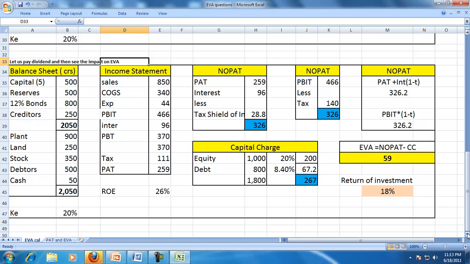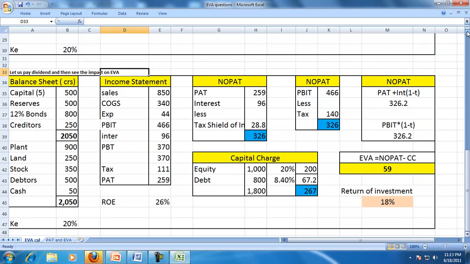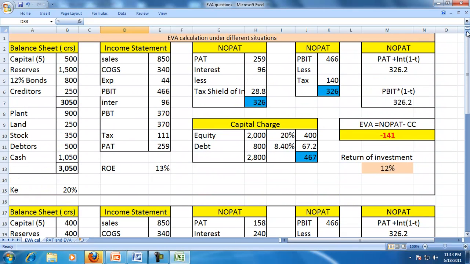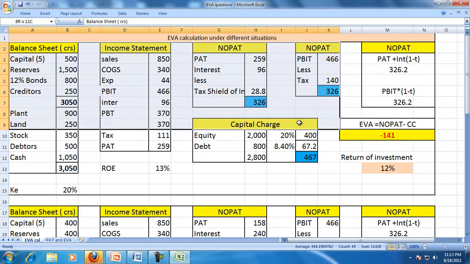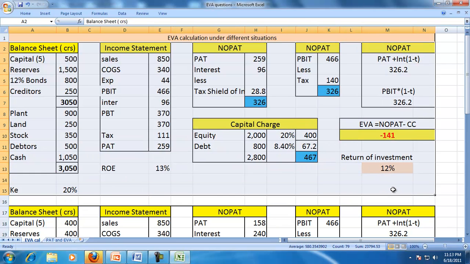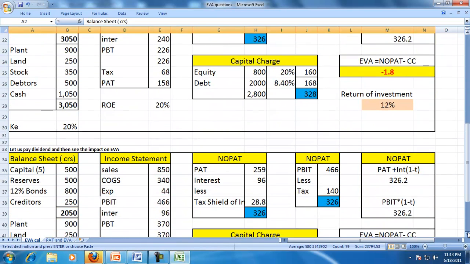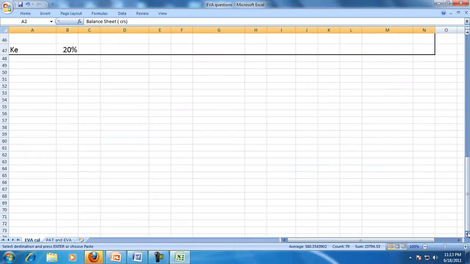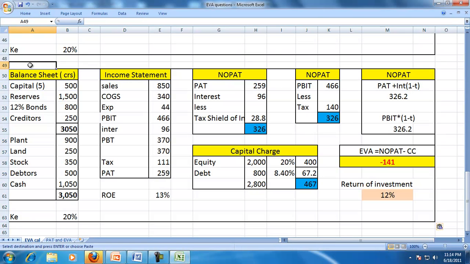But suppose the company declares a dividend, but instead of declaring the dividend as a cash dividend, it declares the stock dividend. Suppose I say it declares dividend in the form of bonus shares.